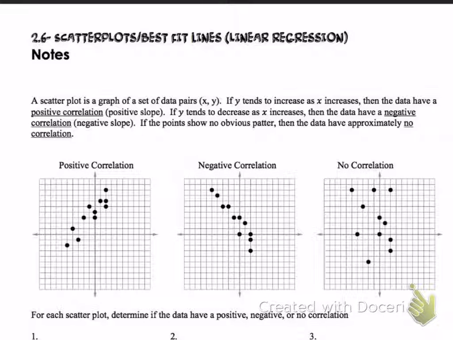Something that could have a negative correlation could be the number of hours you spend on your phone and the grade that you make on the next test. That could be negative. And things that have no correlation are two things that have no relationship at all, so maybe your shoe size and your GPA. It's not like the bigger foot that you have, the higher your GPA. That makes no sense. So that would be considered no correlation.